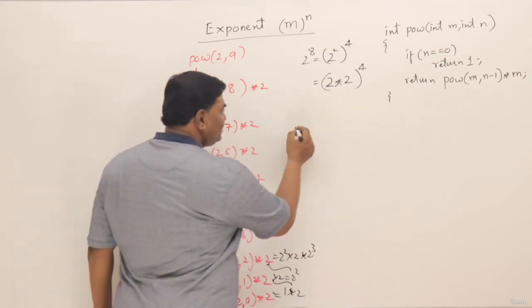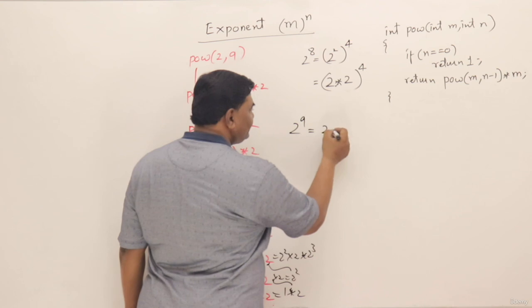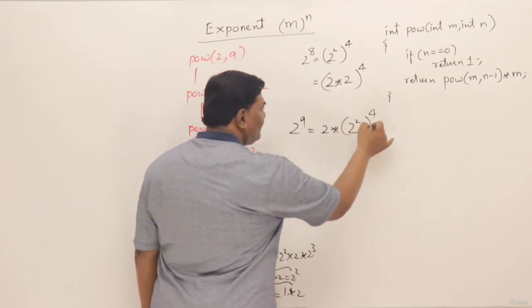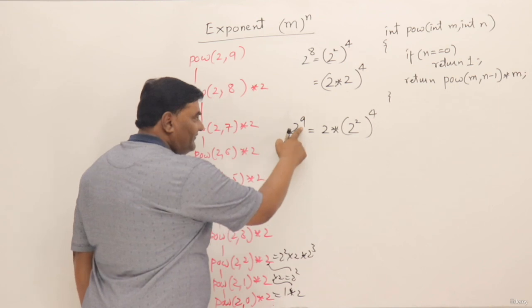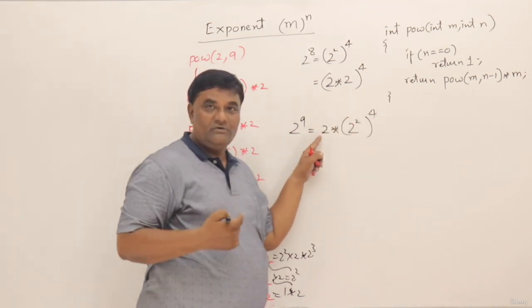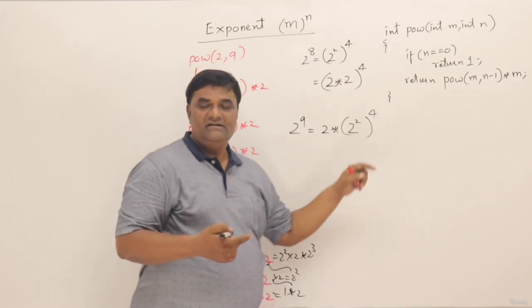And suppose it is 2 power 9. Then this can be written as 2 into 2 square power 4. Because it is odd, we can't directly make it half. So first I take one 2 out, and then make it 2 power 8 again, so I can make it half.